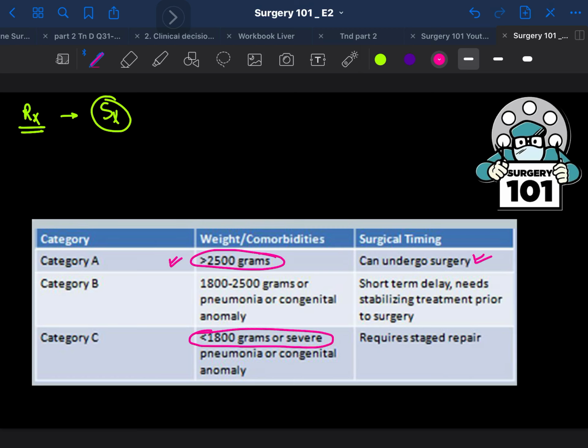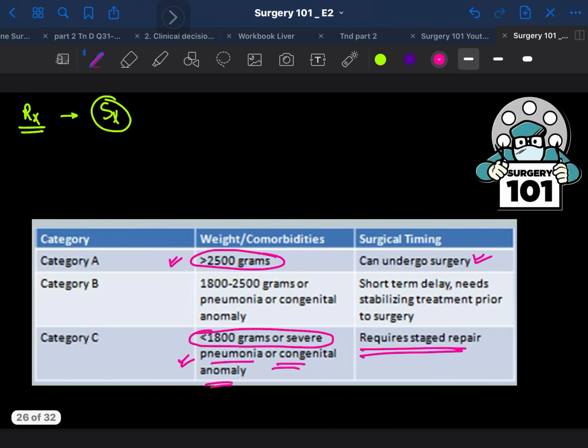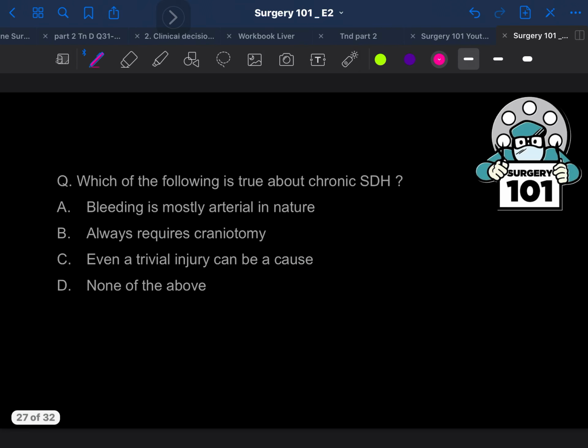But if the weight is less than 1800 grams, or the patient is having pneumonia or some congenital anomaly, you have to go in for a staged repair. You first have to resuscitate the patient, maintain the respiratory status of the patient, and then go in for a surgical correction. Okay, so this is all about tracheoesophageal fistula, which you need to understand.